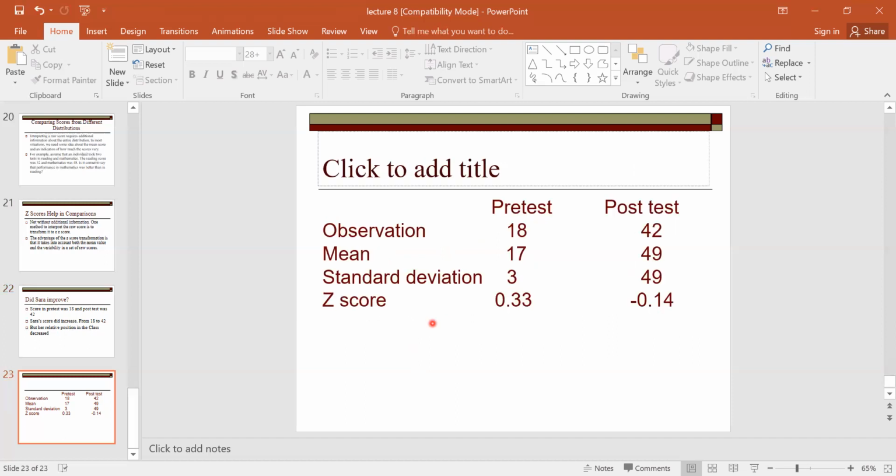So we can easily conclude that if her marks increase, it doesn't mean that she also improved in the class. It just shows an increment in her marks, but not improvement in the overall situation. So z-score helps us to compare the series, and this is one of the benefits of z-score.